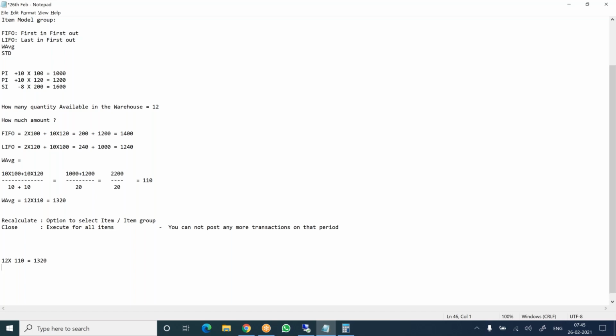Now I have purchased 5 more quantity at the rate of 130. Then it will calculate the average value of this quantity. If it is a weighted average, it will do it like this.